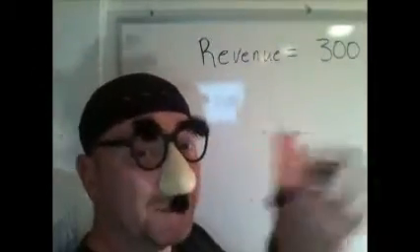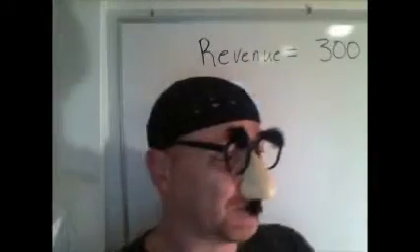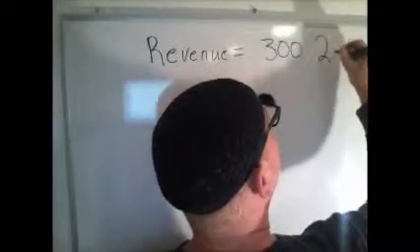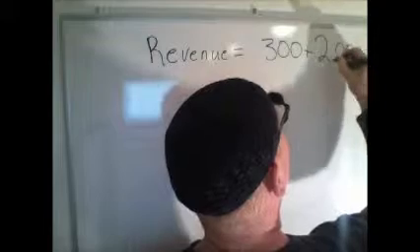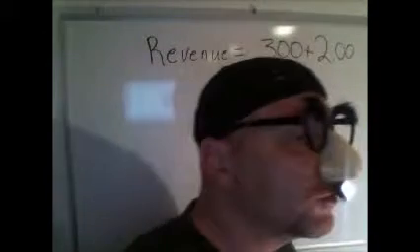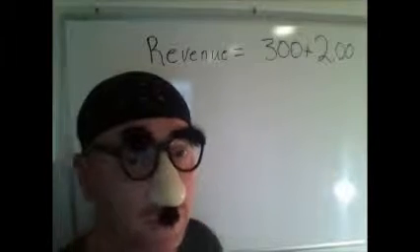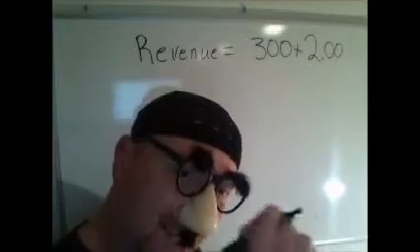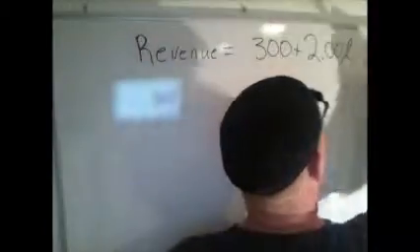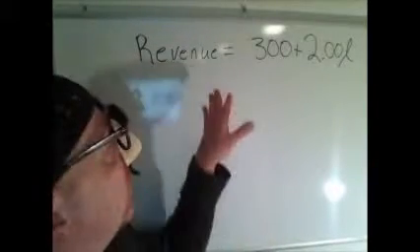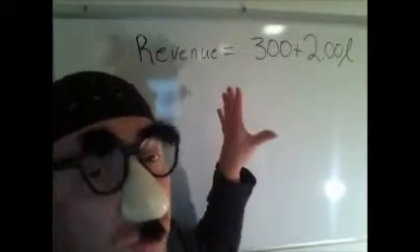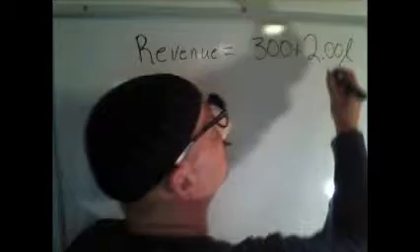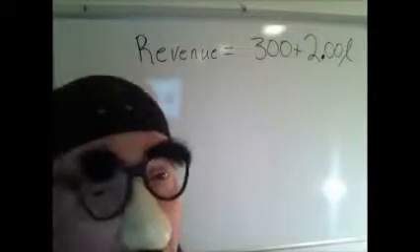That is, it's going to always be 300. And a variable cost of $2 for every load of laundry done. We will use L as our variable for how many loads of laundry get done. So our revenue equation, our revenue model, the revenue equals 300 plus 2, that's a decimal point, dollars L.